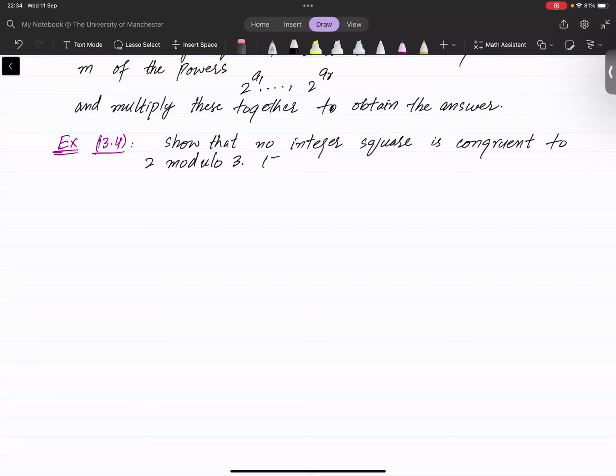You can say, in other words, the sequence 2, 5, 8, 11, 14 contains no squares.